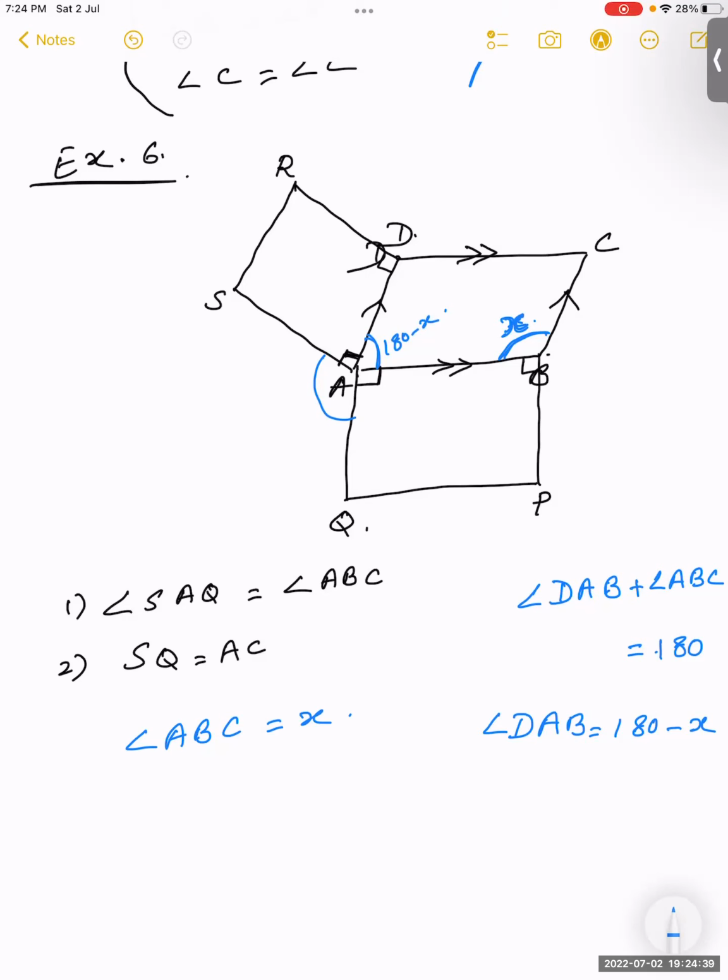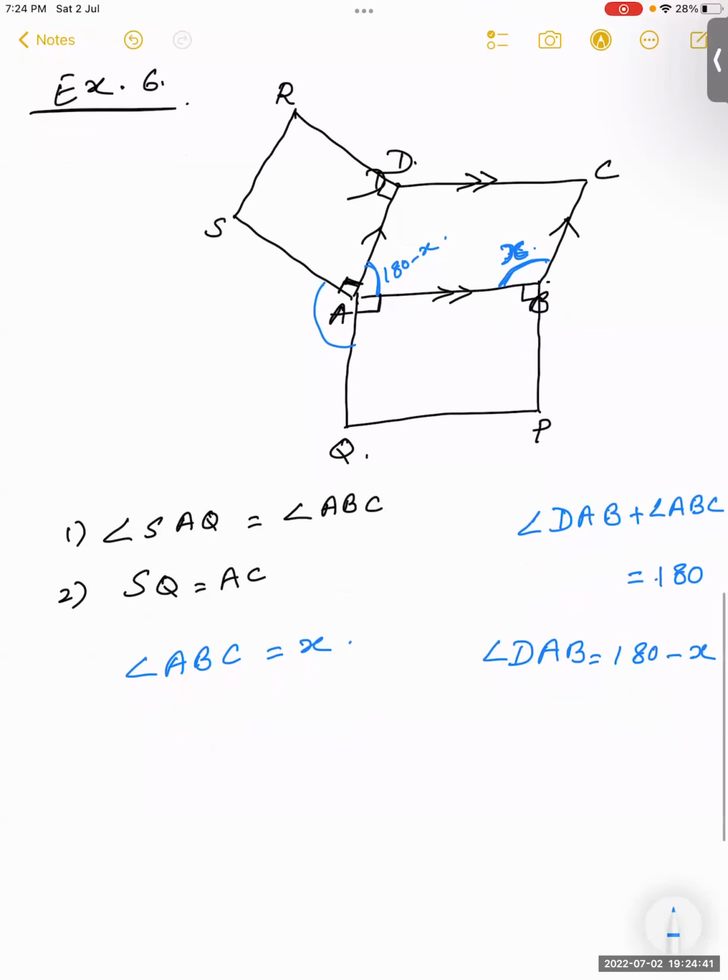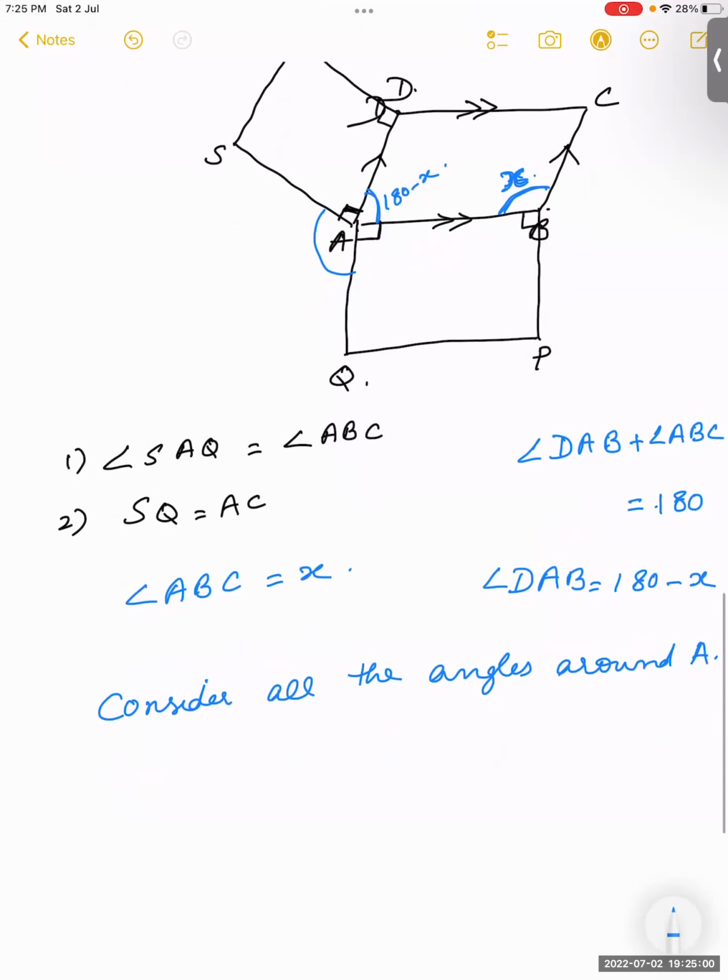Now, what the textbook is saying is, consider all the angles around A. Do you see 4 angles around A? What are they?